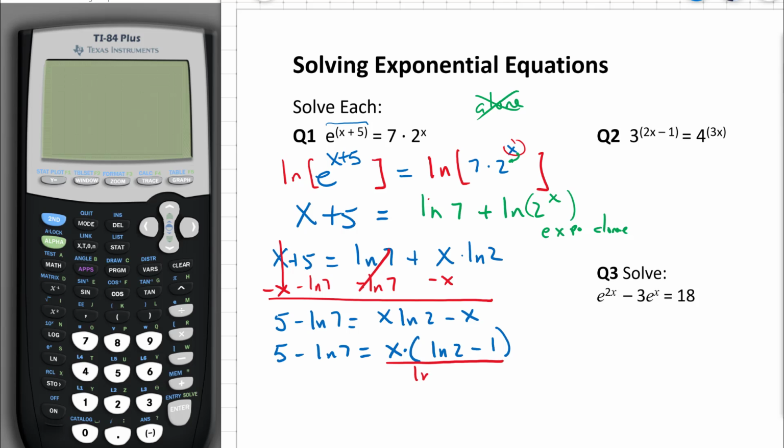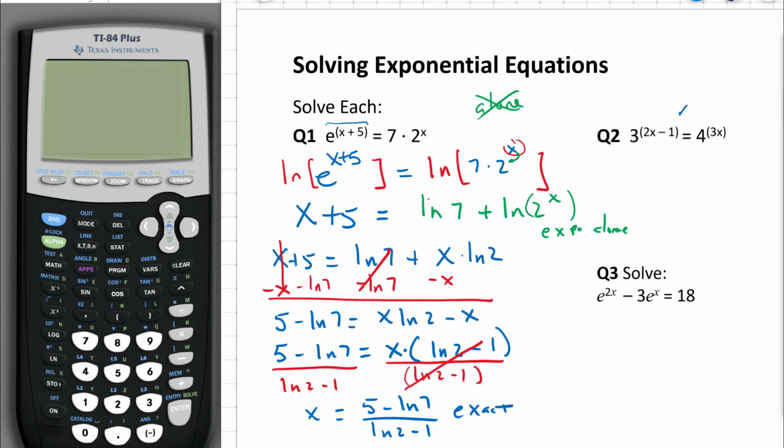I'm just going to divide by that whole group. So this group cancels with that. And I'm going to put the x in the front, but I'll have 5 minus ln of 7 over ln of 2 minus 1. And that gives me an exact solution. Now, if we needed to check that solution for some reason, we could put that in the calculator and go from there.